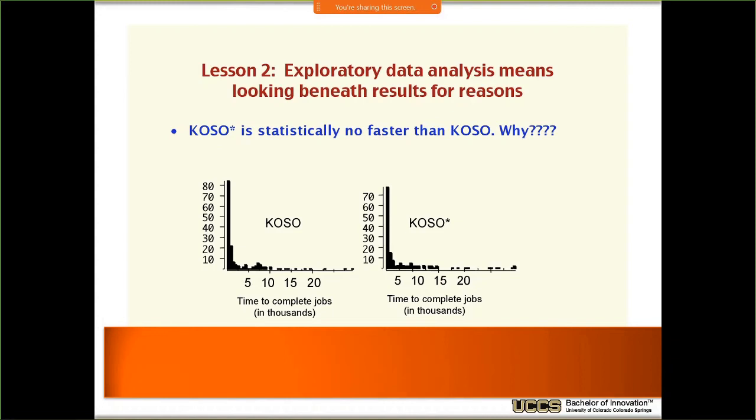So if I look at the times to complete in seconds, and the frequency of how many of those happen, there's a whole bunch of things that complete really fast, and there's a few things that take a little bit longer. Notice, again, the difference in scaling, 80 and 70. So this one has a whole bunch of jobs that complete faster than this. But as I go out here, here's 20, there's a few more points far to the right on COSO star.